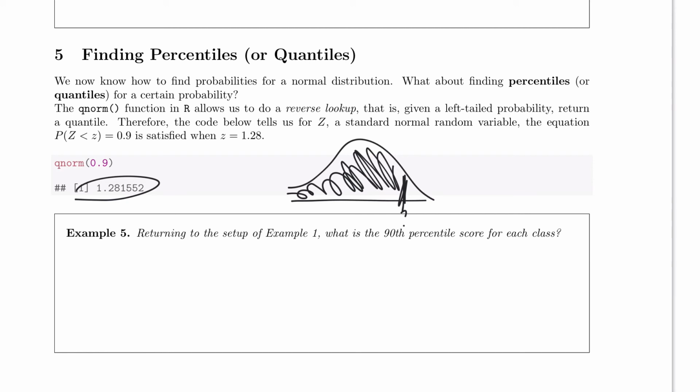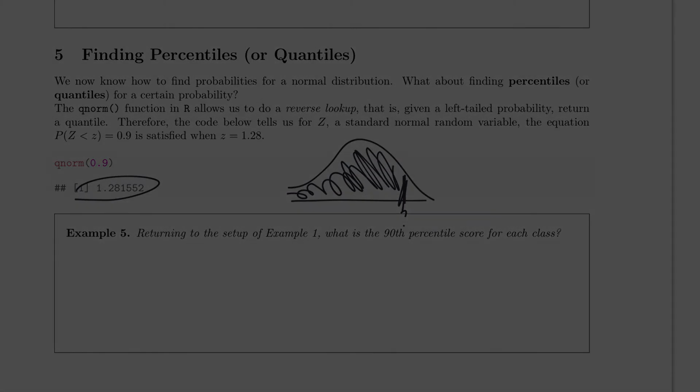So, given that information, can we then go back and calculate the 90th percentile for each class? Okay, so we already know the 90th percentile for the standard normal distribution, and we know this to be 1.28 based on our notes. I'm going to call this Z star.